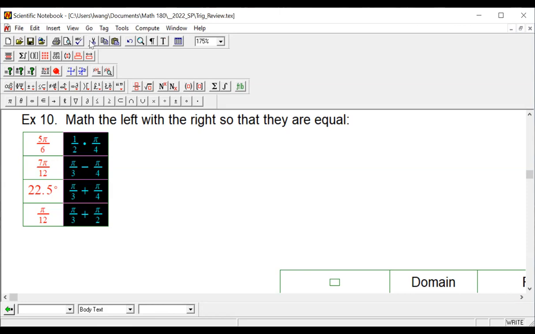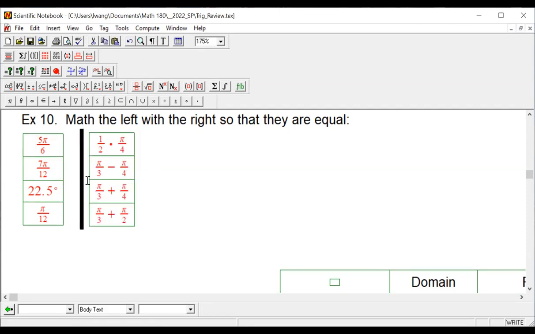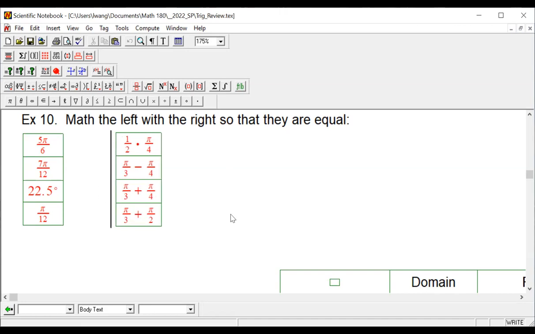So maybe I should do this so that it will make it easier to match. How do we work it out? You can work from left to right or right to left.